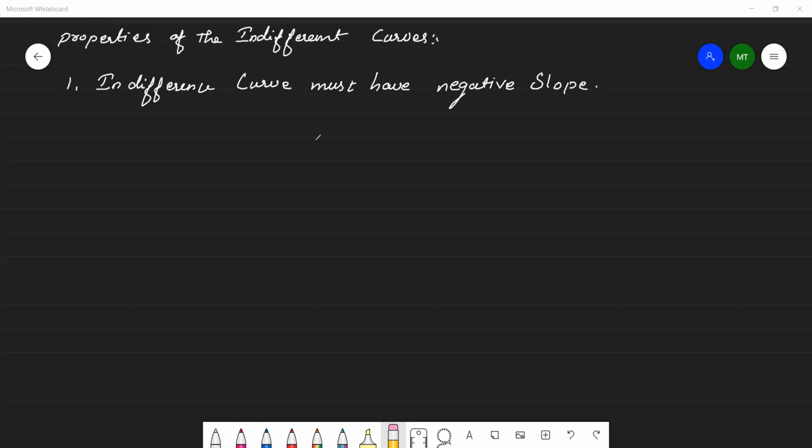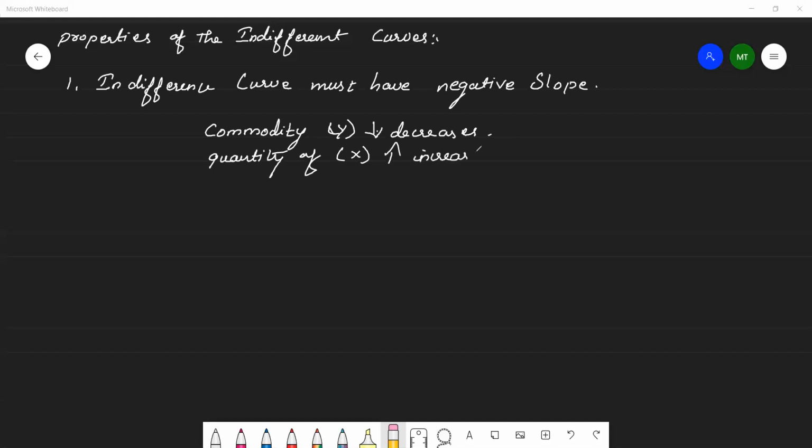A negative slope denotes that if the quantity of commodity y decreases, the quantity of the other commodity x must increase, so that the consumer stays on the same level of satisfaction.